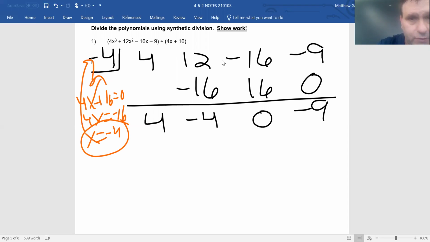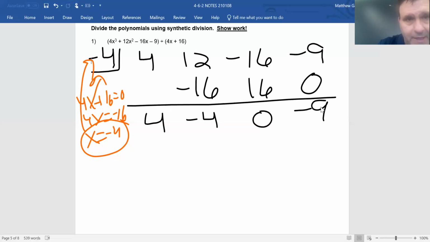It's simply 4, 12, -16, and -9. Drop the 4 times -4 is -16. Then -16 added to 12 is -4. -4 times -4 is 16. Add these vertically, we get 0. And then, of course, 0 times anything is 0.